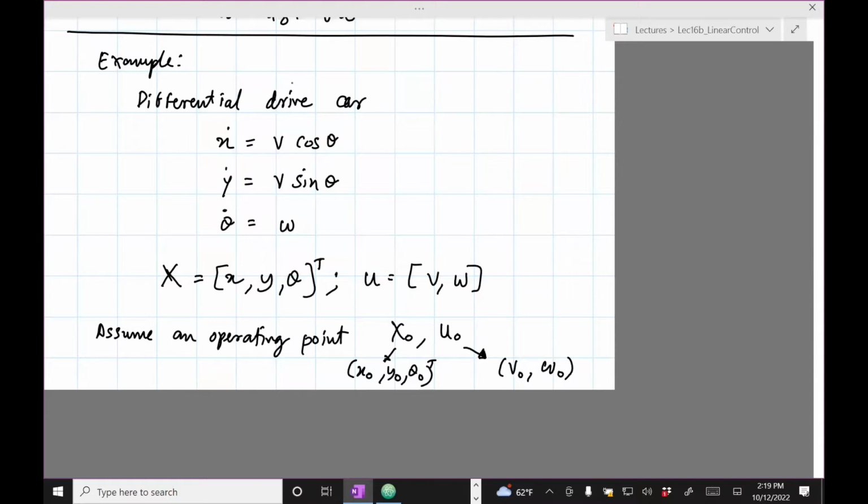So what we need to do is identify what small f is, and once we have small f, we can compute the linearization.